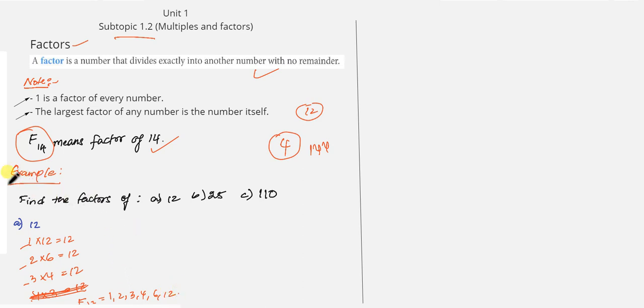Now, there is one key point you have to note. I have written the numbers in ascending order. So that means we have 1, 2, 3, 4, 6, and 12. That's how it goes. Since this is 12, it's a very small number.